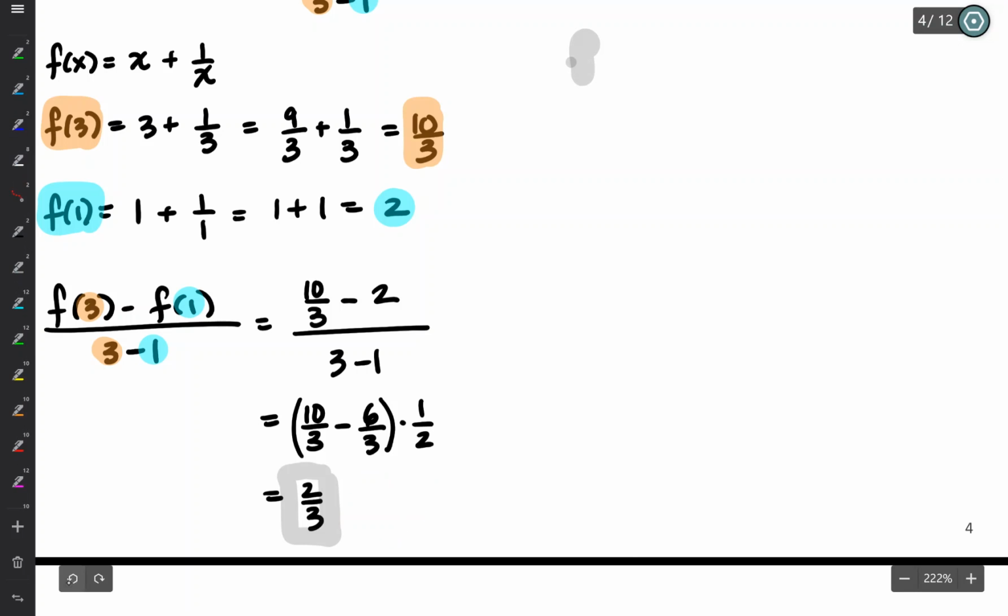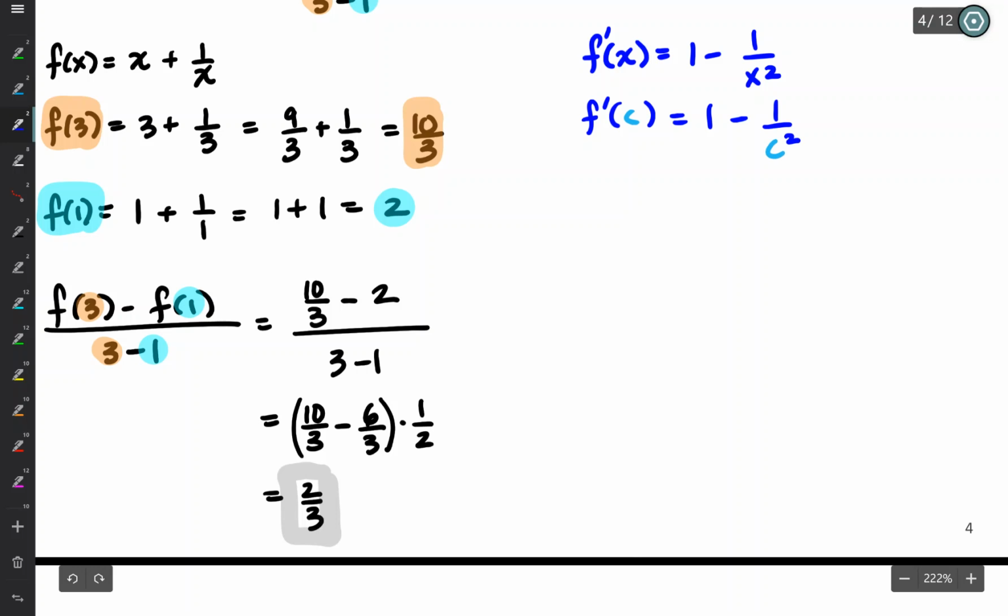So f prime of x was equal to 1 minus 1 over x squared. F prime of c, I'm just using c for a particular x value. You don't have to do this, but I think it's helpful when we're learning.